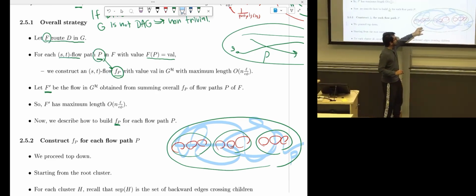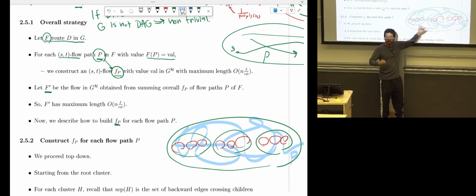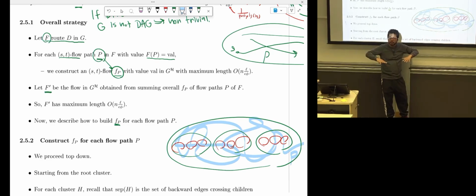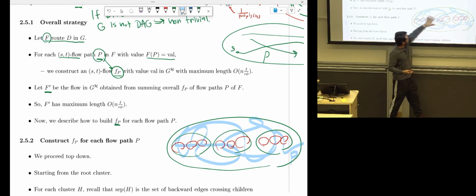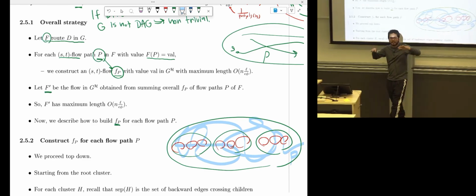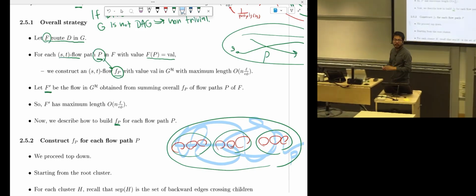What we're going to do is modify this path top down by considering the top cluster first, and once you're done, modify it according to the lower level clusters until you're done.